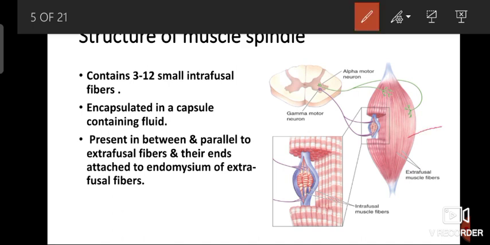So these are the extrafusal fibers, and in between the extrafusal muscle fibers there are intrafusal muscle fibers. So the intrafusal muscle fibers are present parallel with the extrafusal muscle fibers. The motor innervation of extrafusal muscle fiber is the alpha motor neuron, and of the intrafusal muscle fiber is the gamma motor neuron.